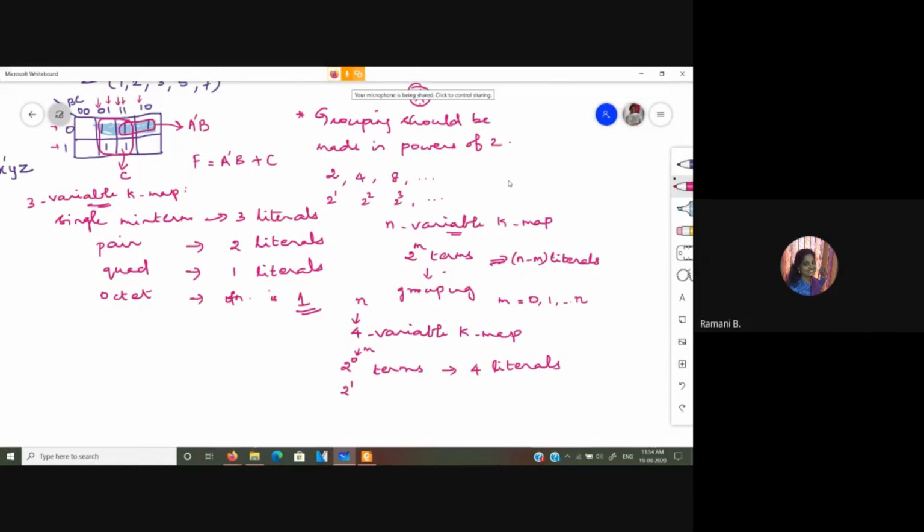If I am going to form a pair in the 4 variable K-map, it will have 4 minus 1, so 3 literals in it. If I am going to form a quad, you will be having 4 minus 2. And if I am going to form an octet, you will be having a single literal. And if the entire 16 is grouped, the function will be 1, because with a 4 variable K-map you will be having 16 minterms. Okay? So we shall see that in tomorrow's class.